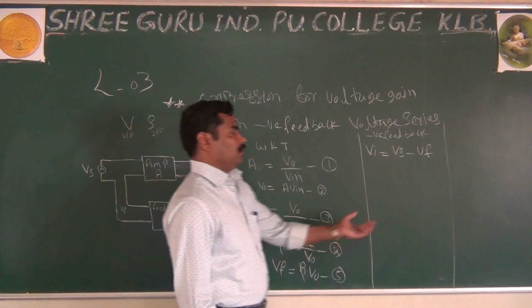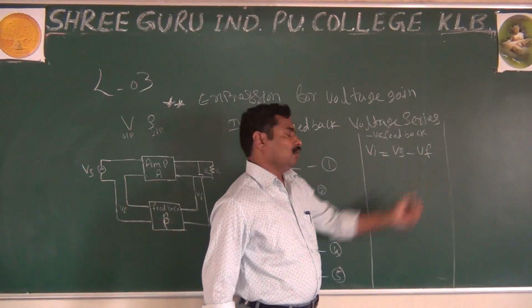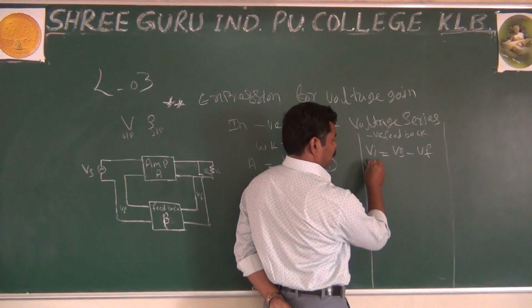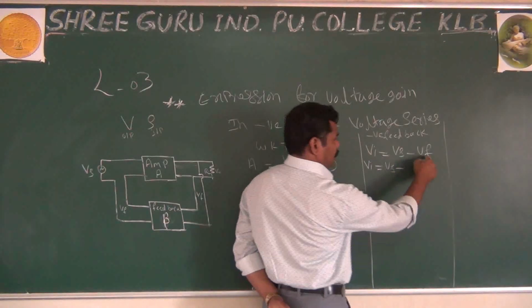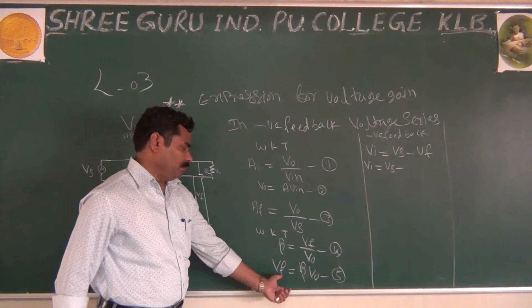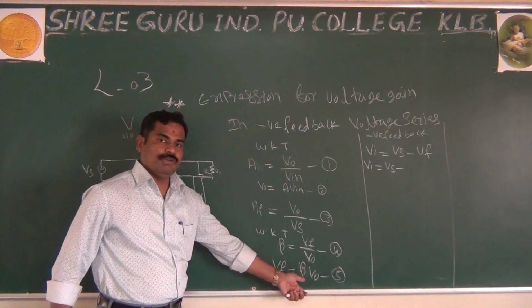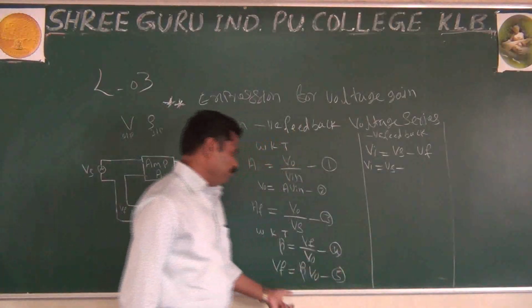In negative feedback, the input voltage decreases. In place of Vf, we can write beta into V0.